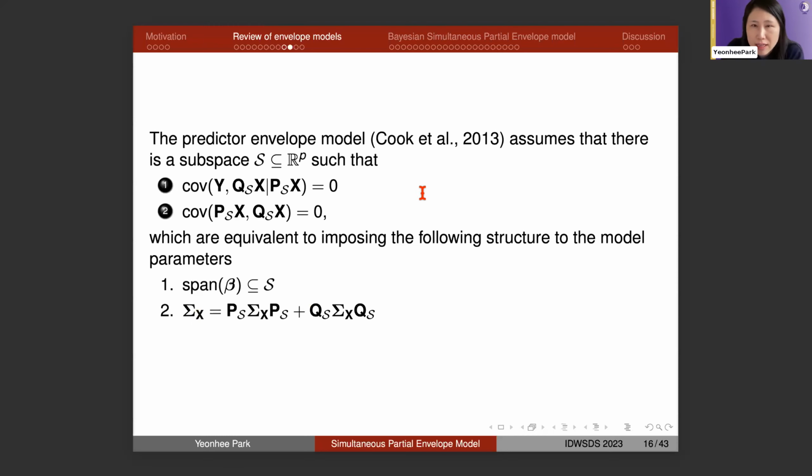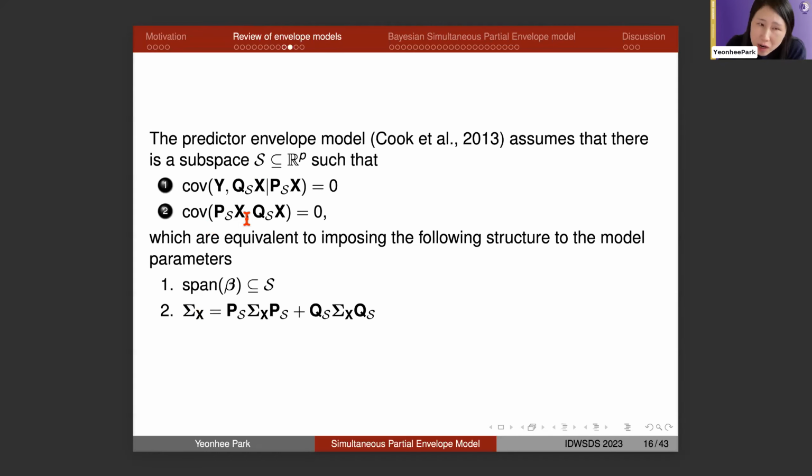So Cook and his colleagues in 2013 assumed that there is a subspace of the p-dimensional real-valued space satisfying that, given the material part of X, the immaterial part of X, QX, does not provide any information for estimating beta.